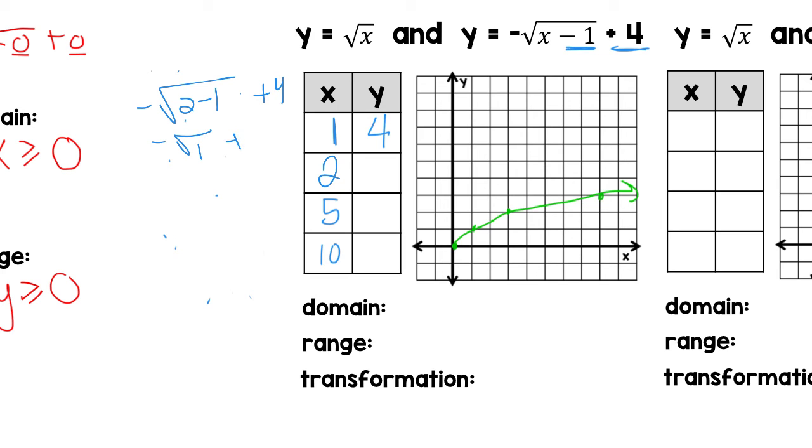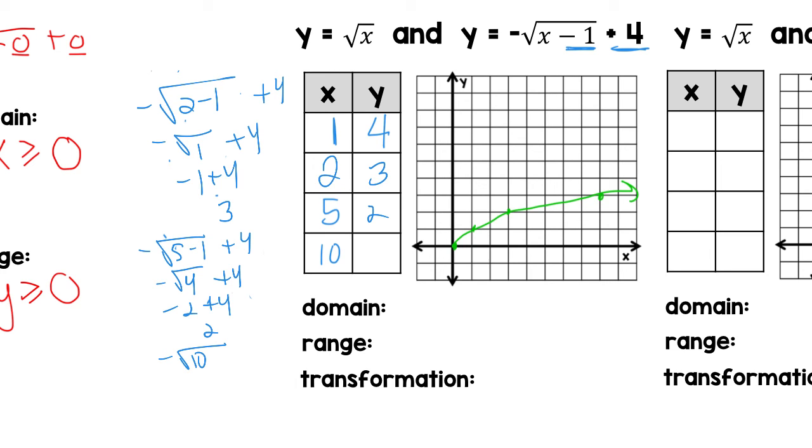It's negative square root of 1 plus 4, negative 1 plus 4, or 3. We have negative square root of 5 minus 1 plus 4. It's negative square root of 4 plus 4, or negative 2 plus 4, or 2. And last, we've got negative square root of 10 minus 1 plus 4, negative square root of 9 plus 4, negative 3 plus 4, or 1.